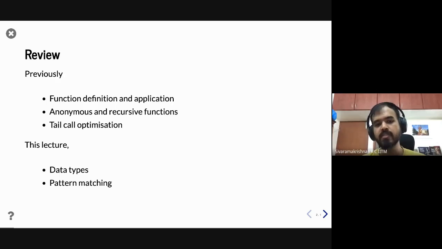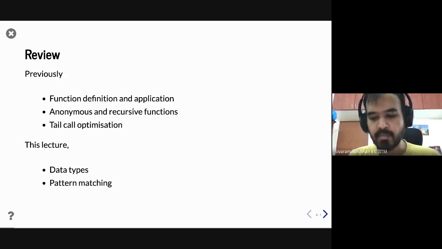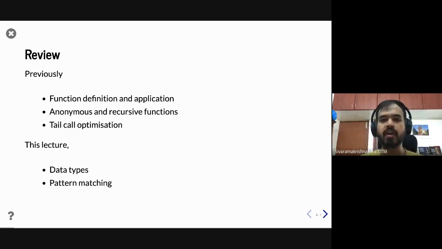So we've seen functions. We'll see what we mean by data types and data. This is going to be the focus of this particular lecture. In particular, we are going to look at two concepts. One is how do you construct data? How do you put together little pieces of information so that they form something that is useful? And how do you deconstruct data? How do you pry it apart in a meaningful manner so that you can extract what is inside?